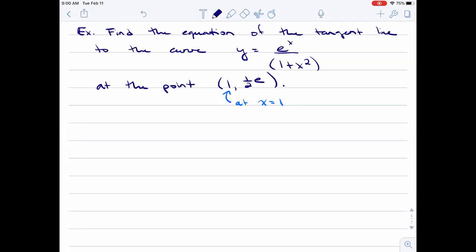So we've got a point, which means if we've got the slope, then we can use the point slope form.